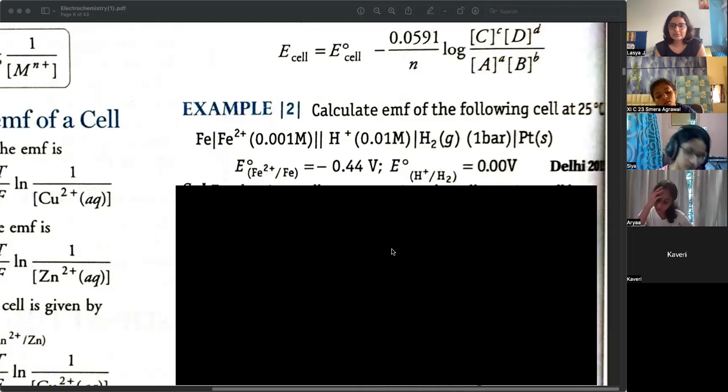We have to use E cell is equal to E naught cell minus 0.059 upon n log, that formula, right? You can use either one, because the standard reduction potential of the other half you're taking is 0 anyway. So it won't make a difference whether you use the E cell formula or the half reaction.